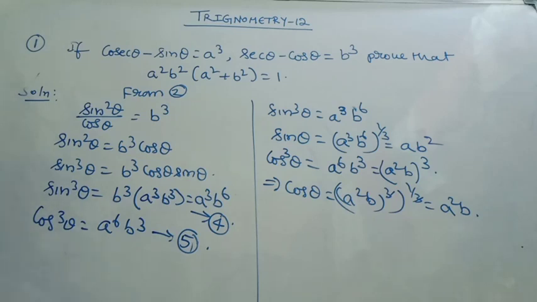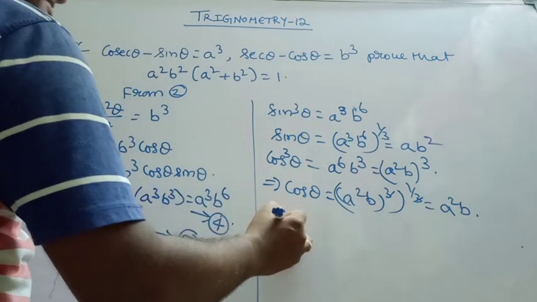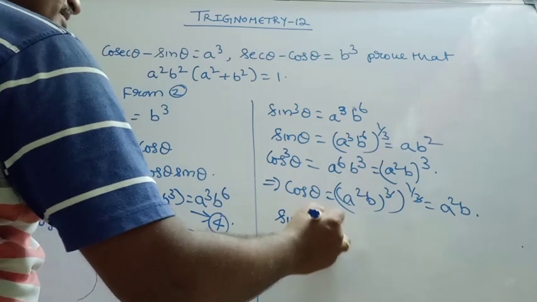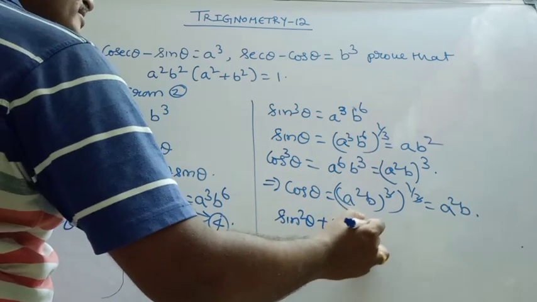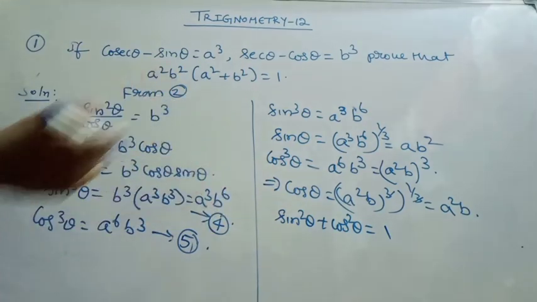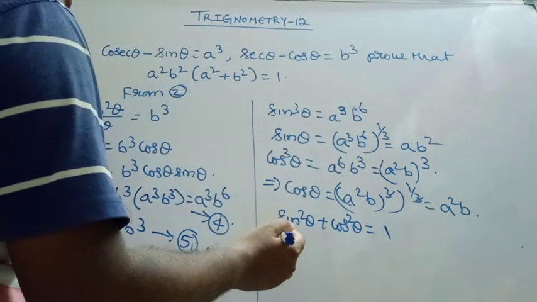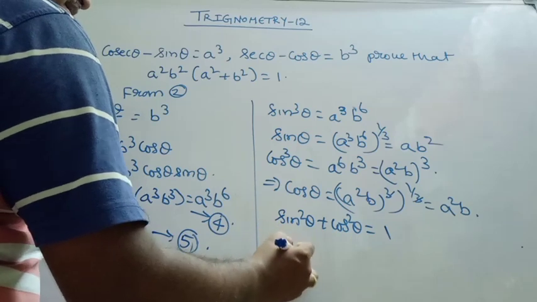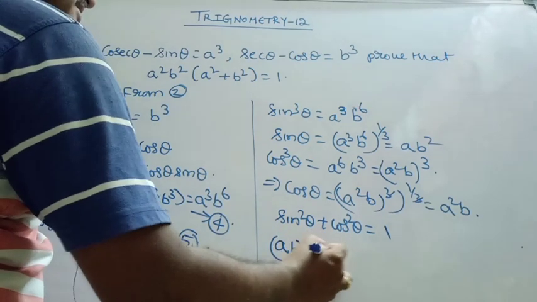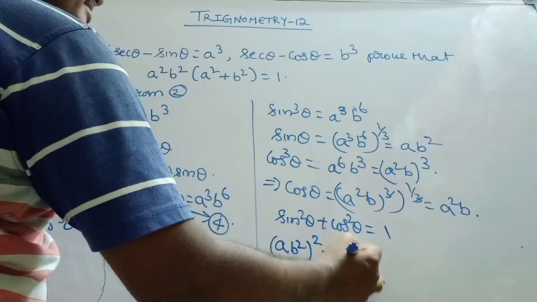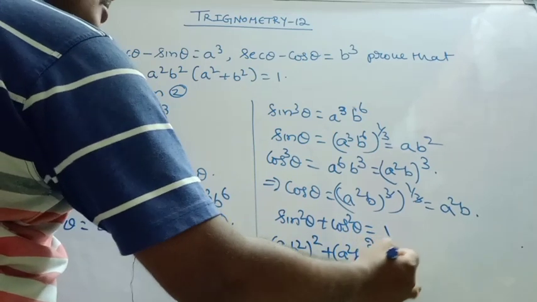And you know, my dear students, that sin square theta plus cos square theta is equal to 1, and this is a standard identity. You substitute in this: sin theta equal to a b square, that means a b square whole square, plus cos square theta, that is a square b whole square, is equal to 1.